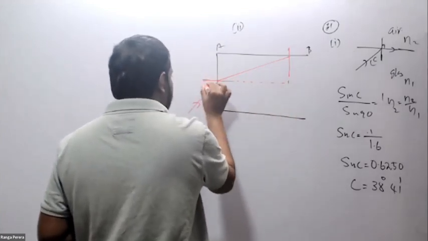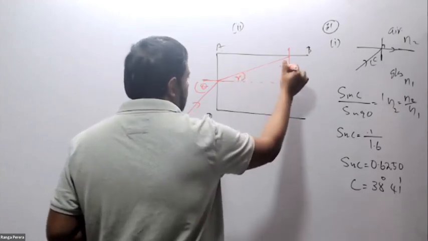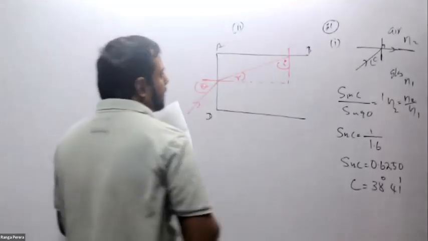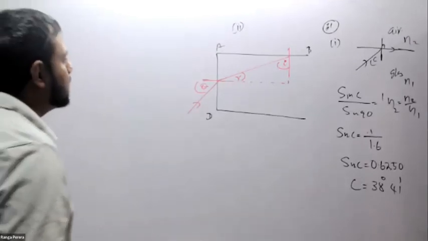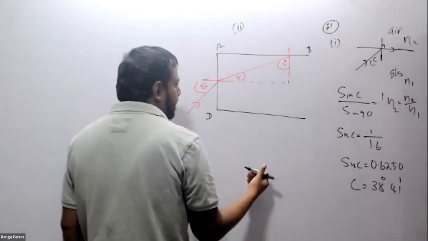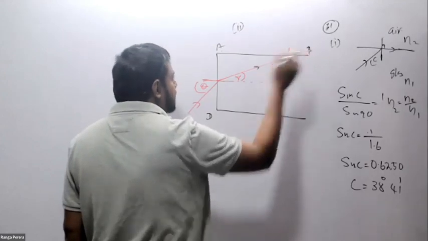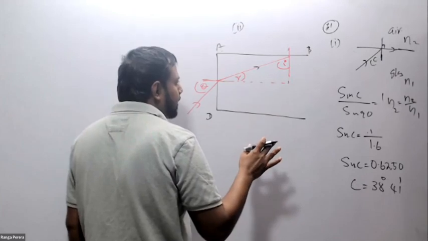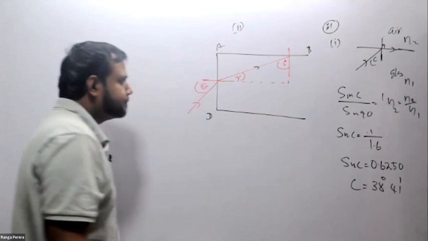This is, let's say, theta. Let's say this is R. This is I. What we are trying to do is find the I minimum. If I minimum is greater than or equal to the critical angle, we can say it is always total internal reflection.